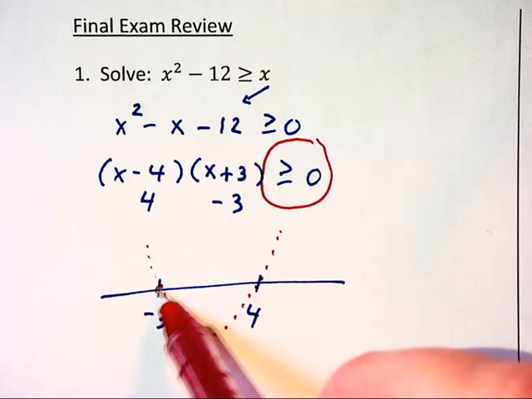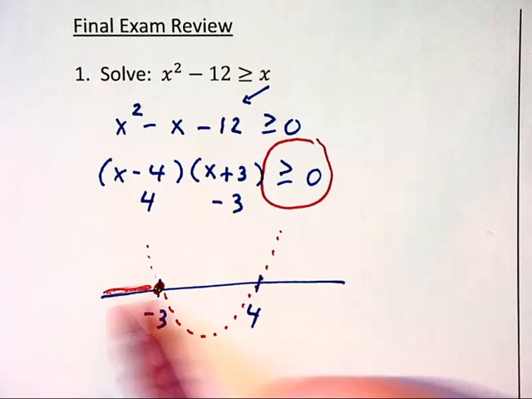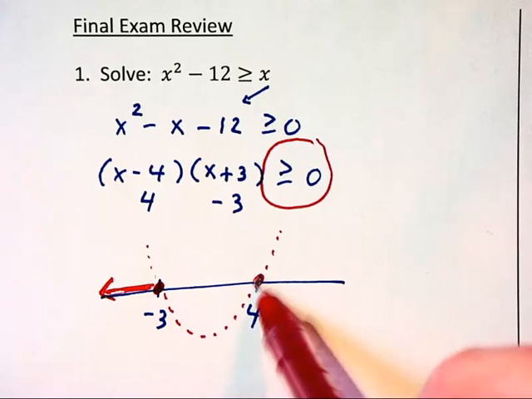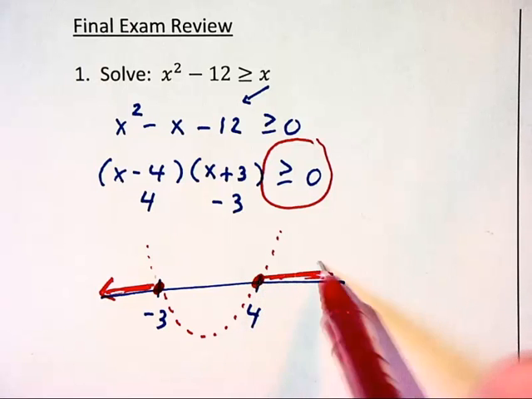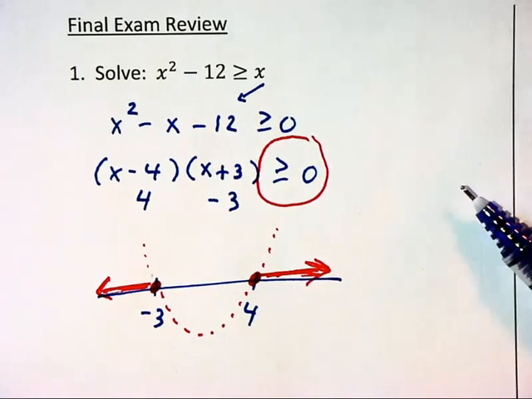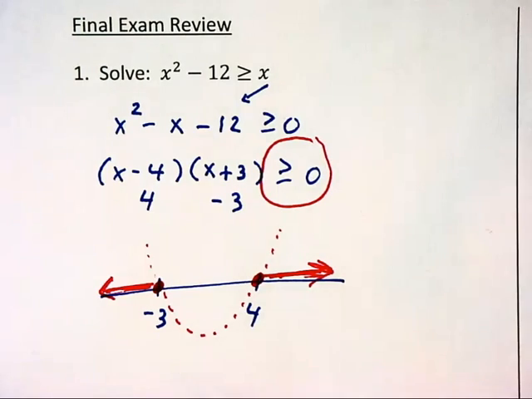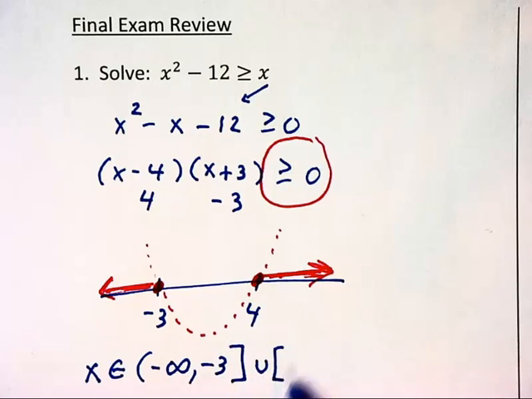And the answer is at negative 3 and to the left, as well as at positive 4 and to the right. And so our solution set in interval notation would be the set of x values from negative infinity up to negative 3, inclusive of the negative 3, as well as the values greater than or equal to 4.